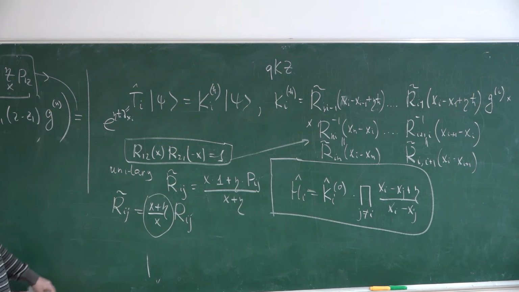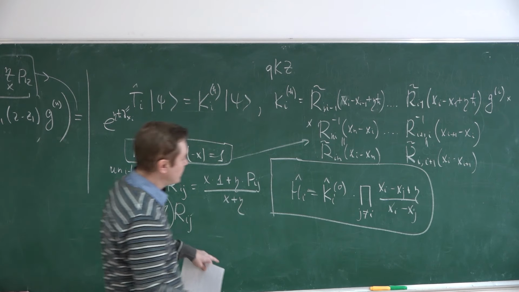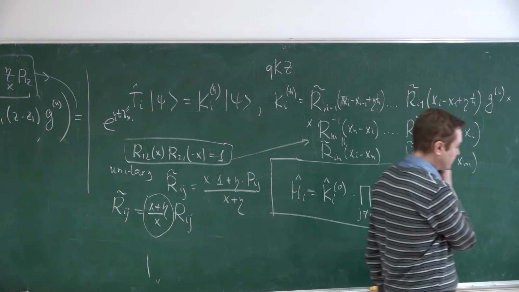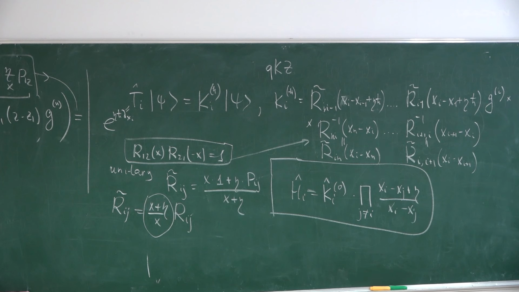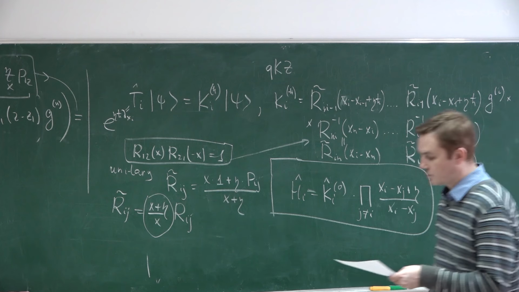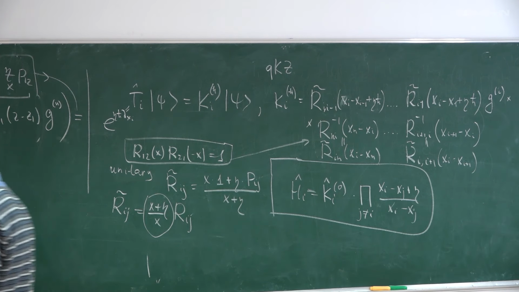The difference between normalizations provides this additional factor. This factor will appear now and will give us the Ruijsenaars-Schneider model, which we just discussed a half hour ago. Let me show how it appears.